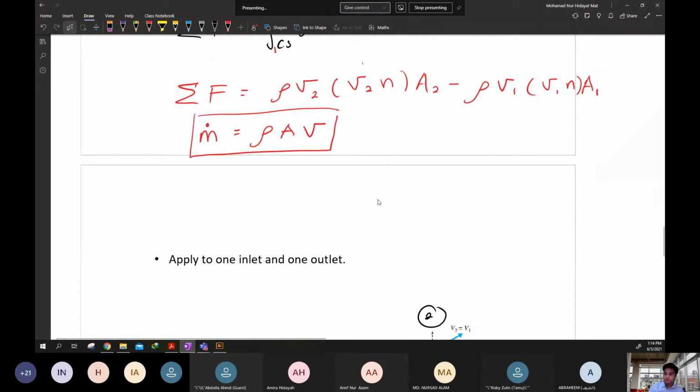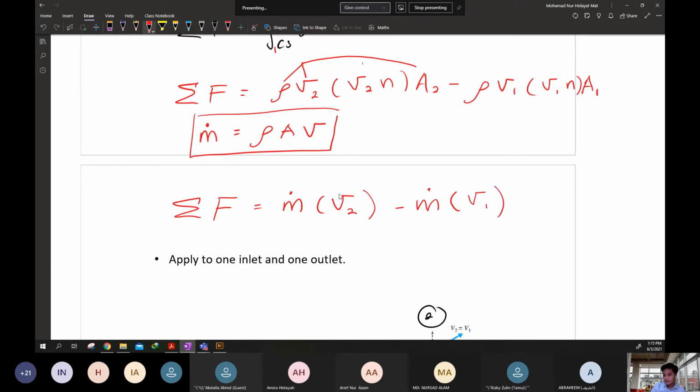So from here, you can see we have ρ, we have V, and we have A. So we can apply here that the summation of force is equal to mass flow rate multiplied with V2 minus mass flow rate multiplied with V1. The mass flow rate is the same, because we have the same volume flow rate.